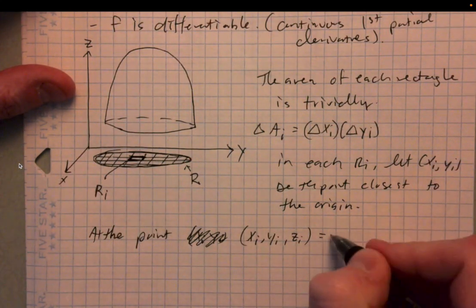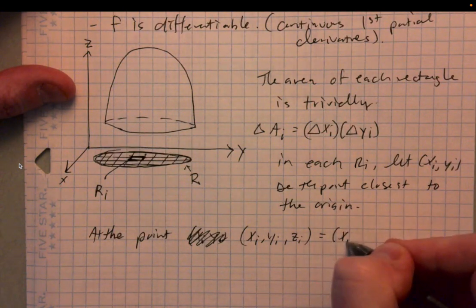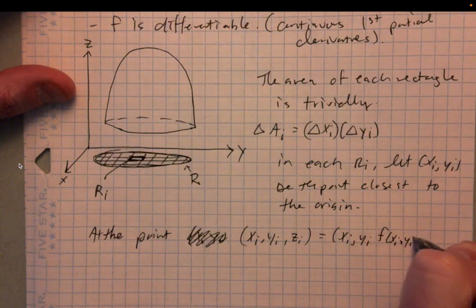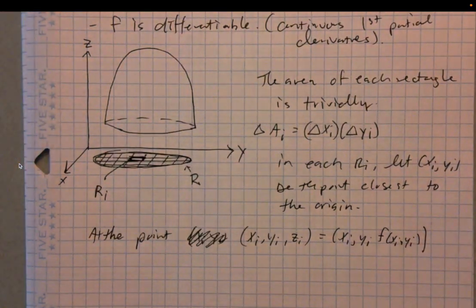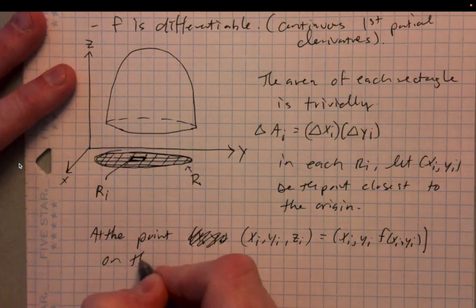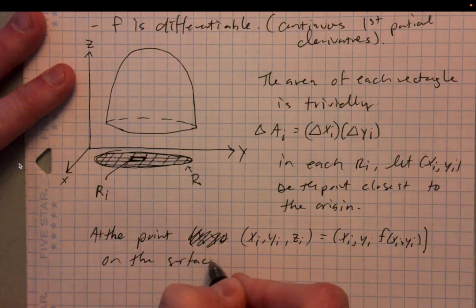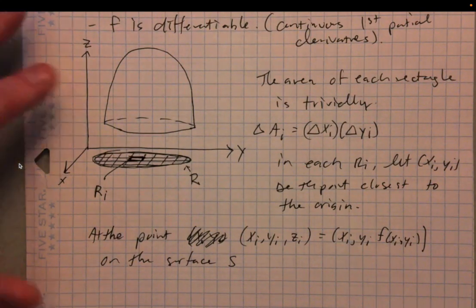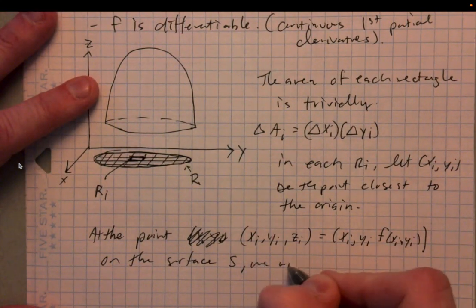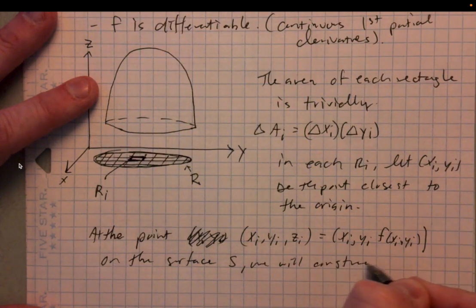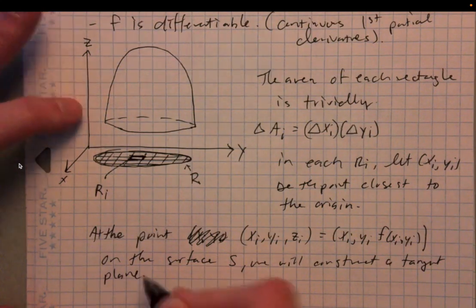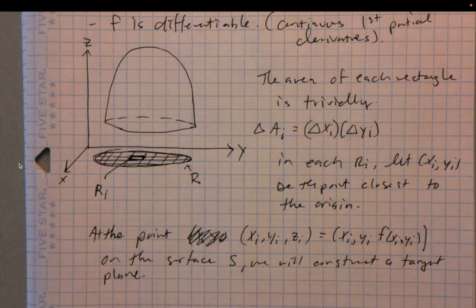And we know where the z_i comes from: it's (x_i, y_i, f of x_i, y_i). So at that point on the surface S, we want to construct a tangent plane, and we'll call the tangent plane T_i.